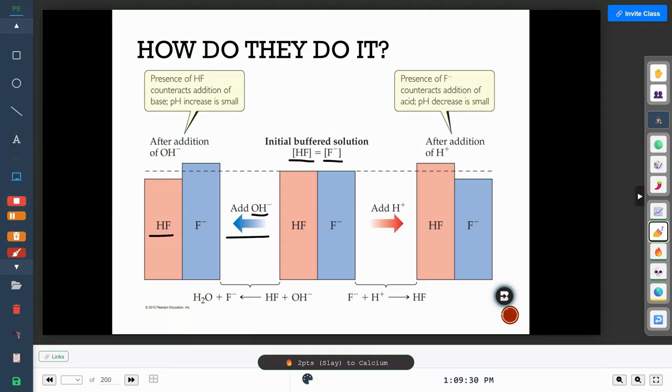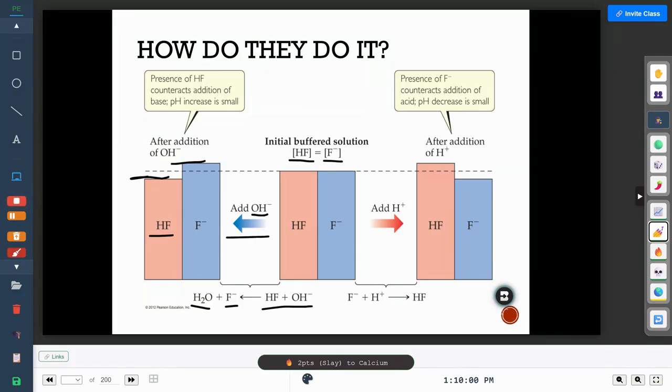And what are we doing? We're going to transform it so that it has something different, right? HF plus the hydroxide is going to turn into water plus the F minus, okay? And so it's not going to change. So notice how my HF is lower here compared to my F minus. And so that means that the pH did not change a lot. Even though I added hydroxide, it did not increase the pH much at all.